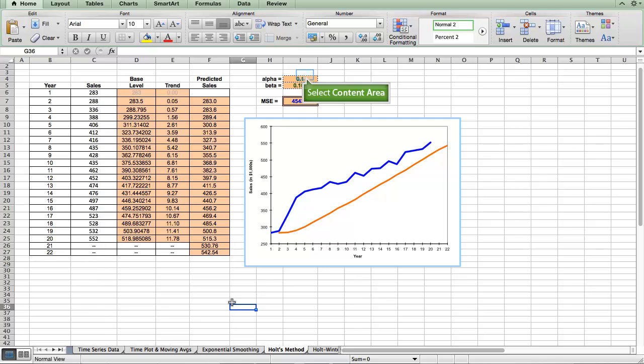Like any smoothing method, we have smoothing constants. And here we have 2 because we're working in our trend.